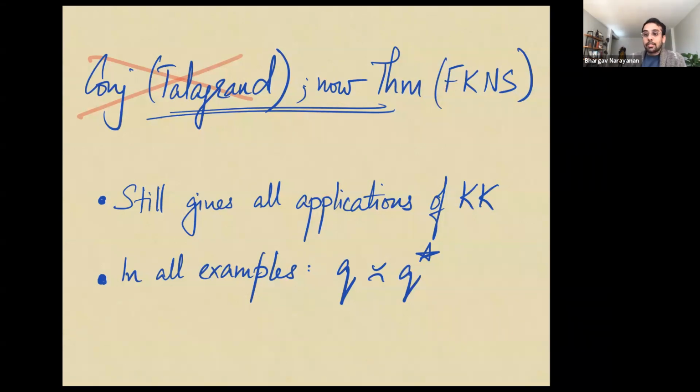And the reason for this is quite simple: in every example that we know of, the expectation threshold and the fractional expectation threshold seem to more or less be the same. And so proving Talagrand's conjecture happens to yield happily all these applications in those cases.